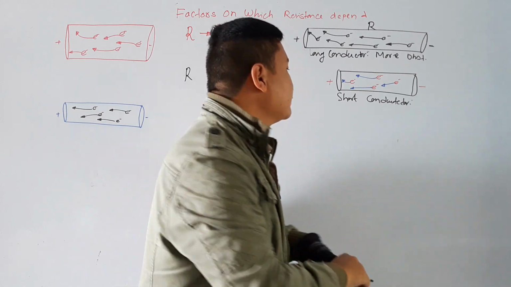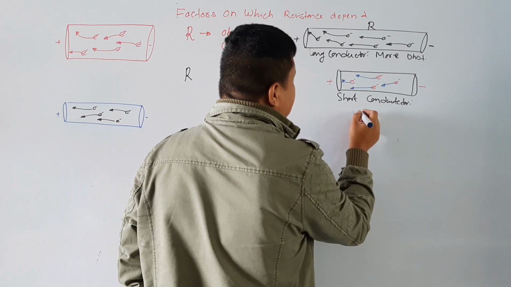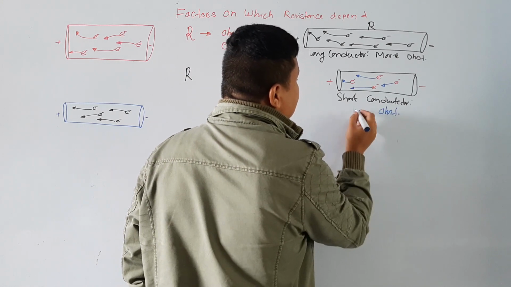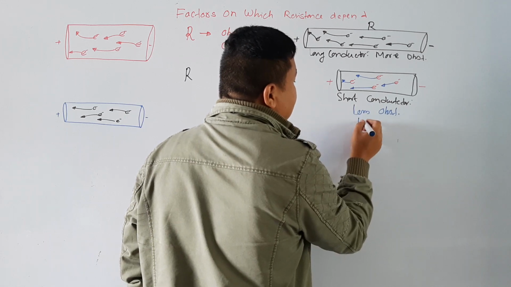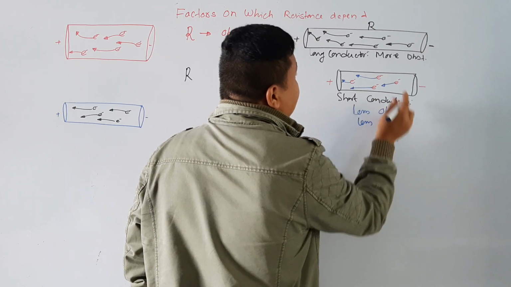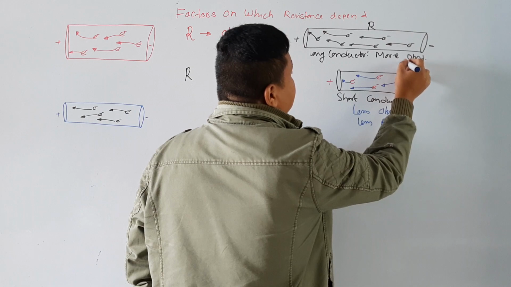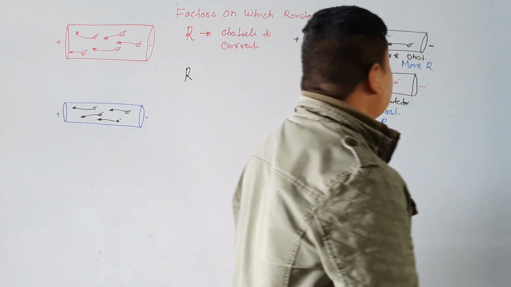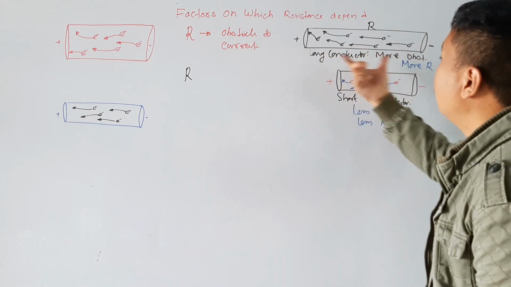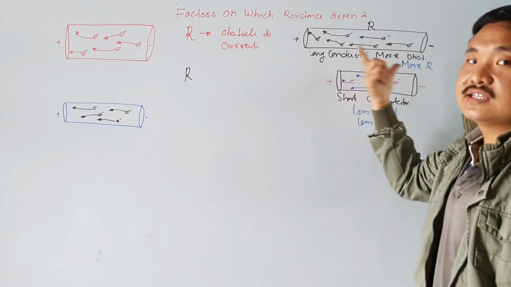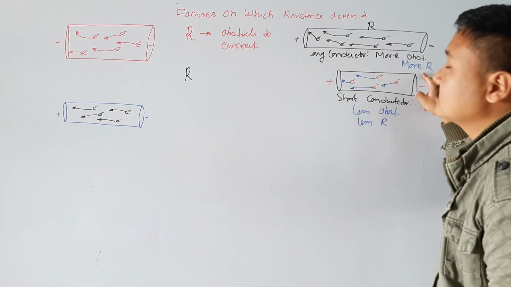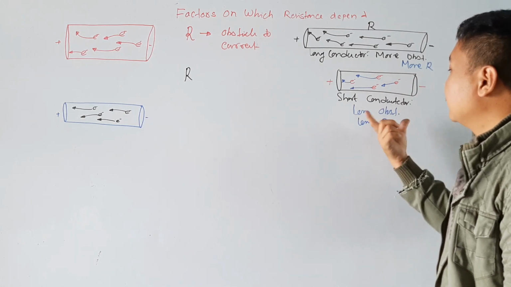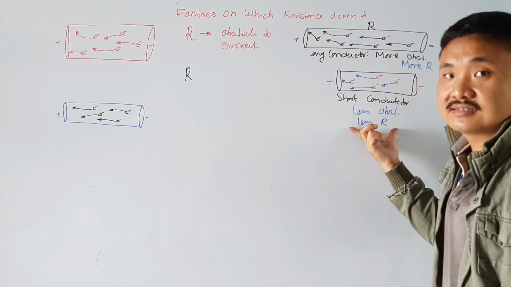Short means less obstacle. Less obstacles means less resistance, and more obstacles means more resistance. It means that if the wire is long, resistance is more. If the wire is short, resistance is less.